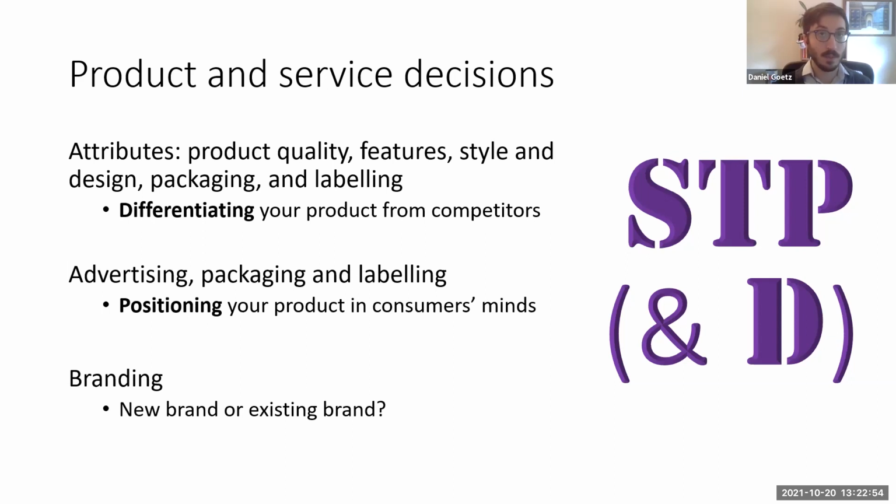You're trying to serve them more efficiently and effectively than your competitors. And differentiation is how you do that, right? So changing physical attributes of the product or actual attributes of the product and how it creates actual value. And then you also have changing advertising, packaging, and labeling. So positioning your product in consumers' minds, okay? Another decision you have to make regards branding, which we'll come back to in the second half of the lecture.